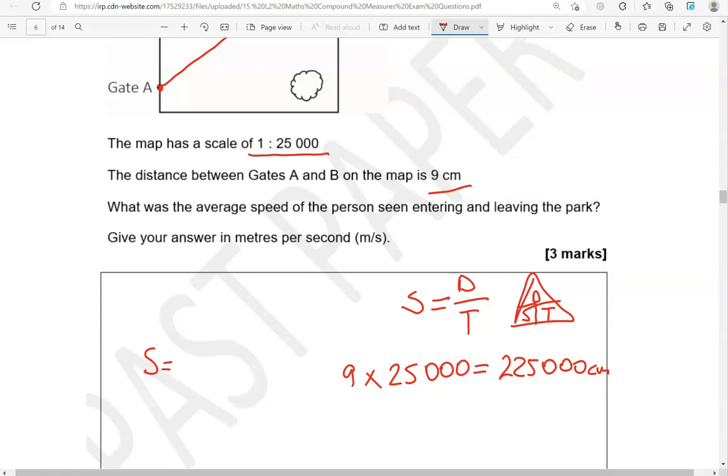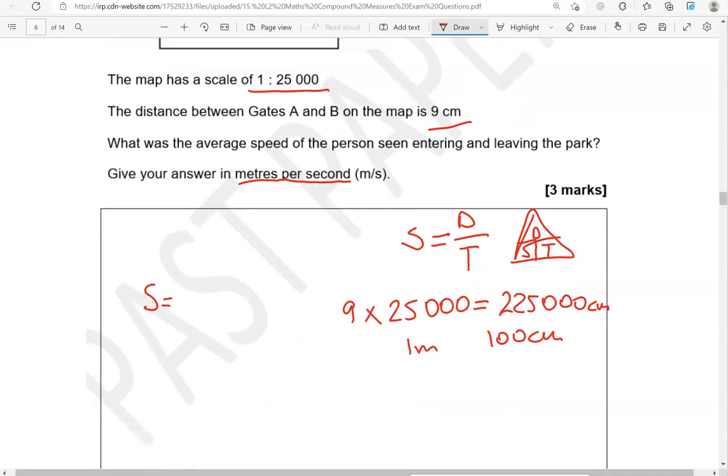We've got to give our answer in meters per second, so we've got to convert this into meters. In 1 meter, there are 100 centimeters. So in 225,000 centimeters, how many meters are there?